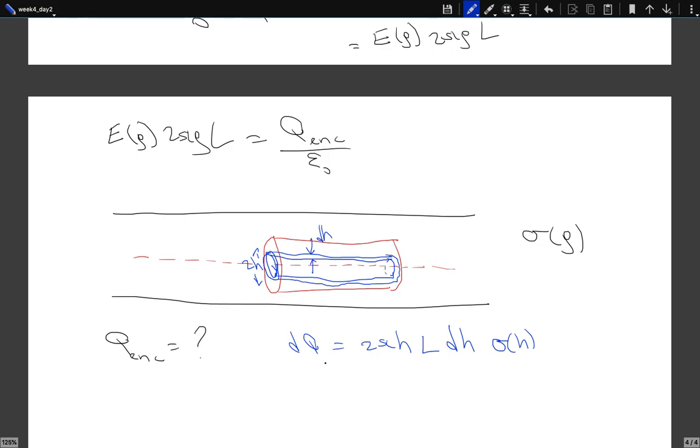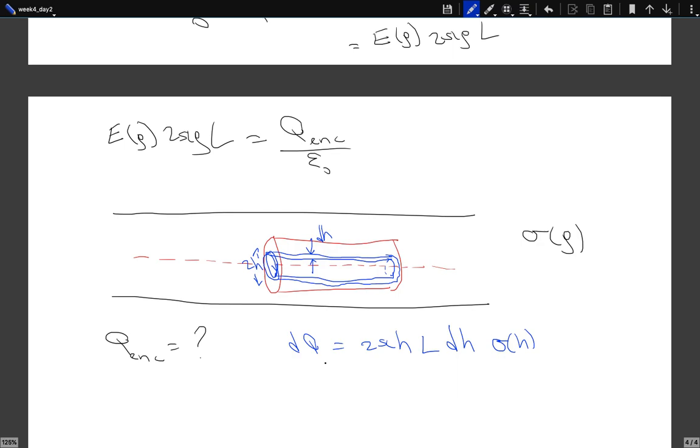Well, in fact, what we are doing over here is exactly what we had done when we were evaluating the electric field of an infinite plane. There we imagined it to be made up of very thin concentric rings, larger and larger rings. When we summed up all the rings, it became the infinite plane.